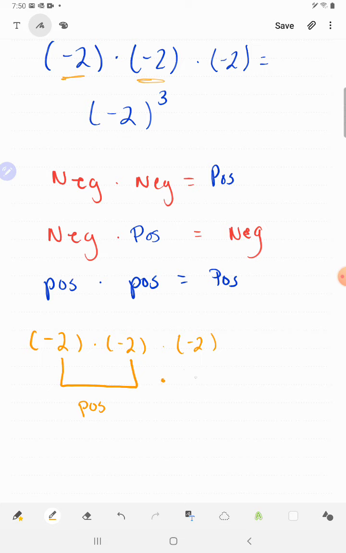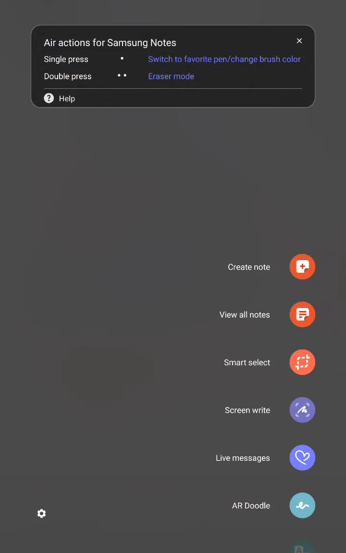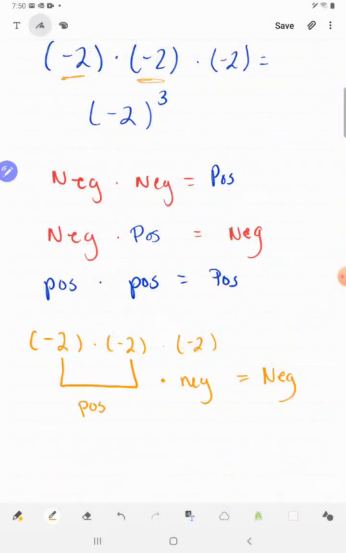So if I take this and multiply it by a negative, my answer will be negative, because these two right here created a positive situation.